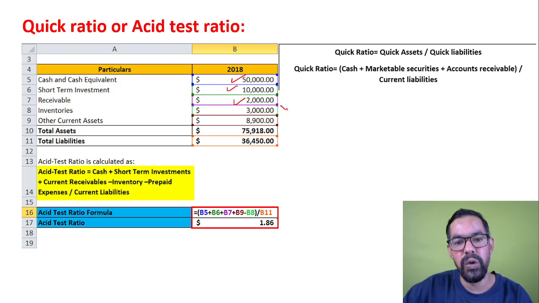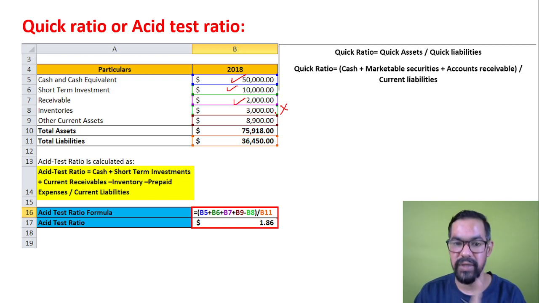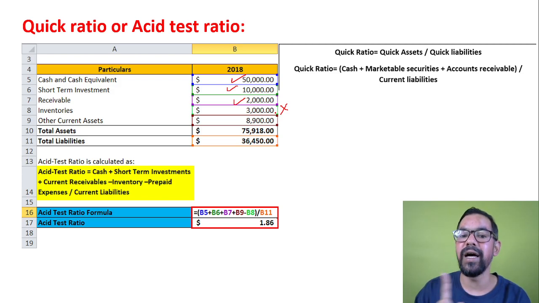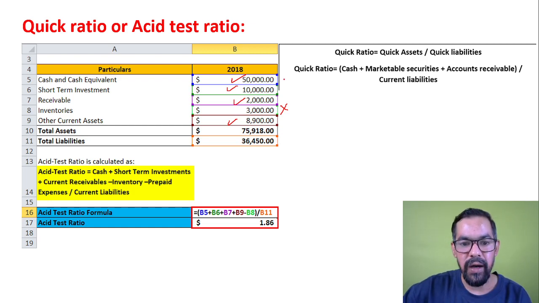Inventories, as I earlier told you, are not part of your quick asset. Please do remember this. So inventories will be subtracted from these entries. Other current assets, 8,900. So this plus this plus this plus this, the total amount is 75,918 rupees.